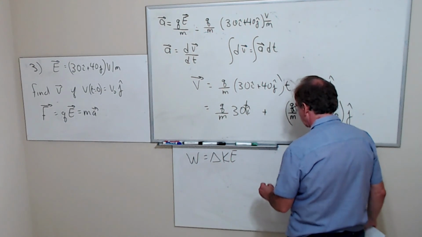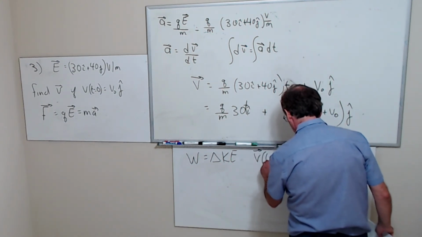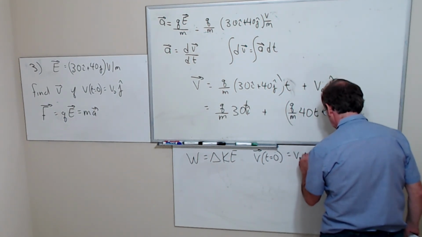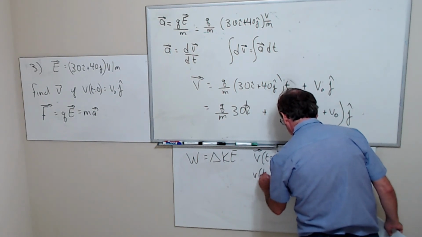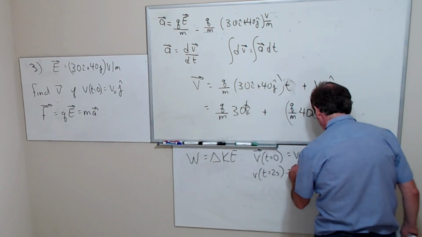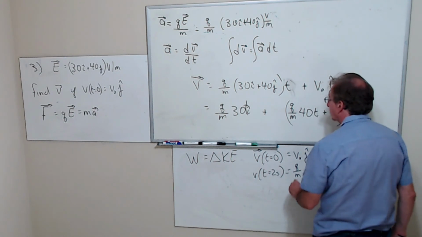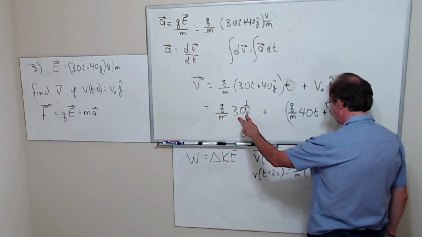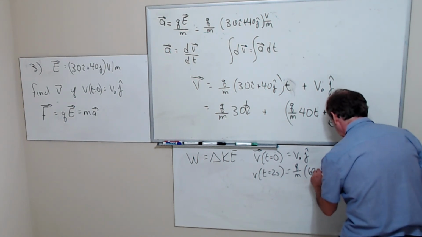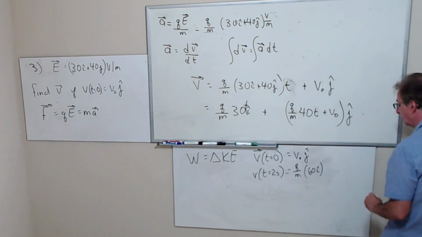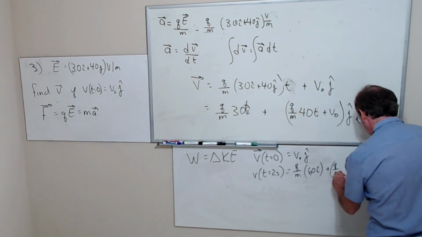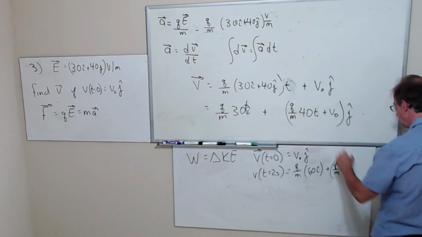So v at t equals 0 is just this. v at t equals 2 seconds, well, it's going to be q over m times 30 times 2, which is 60, plus, I plug in 2 here, q over m, 40 times 2 is 80.